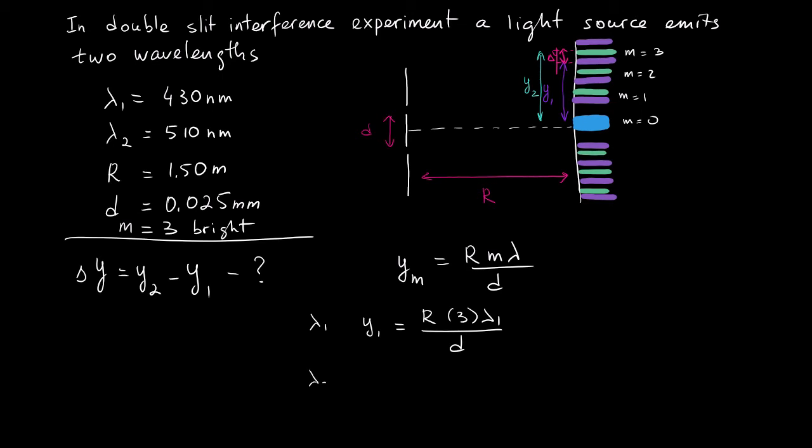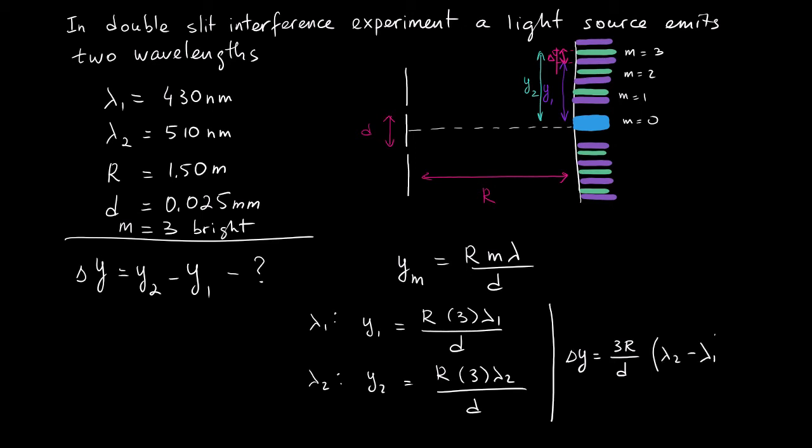For lambda 2, y2 equals r 3 lambda 2 over d. Now from these two we can find delta y equals r over d times (lambda 2 minus lambda 1).